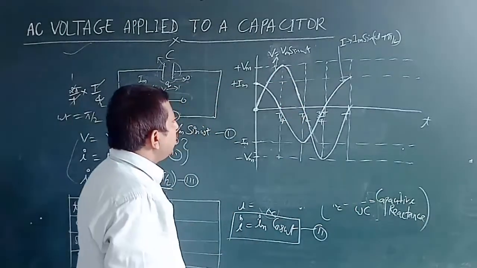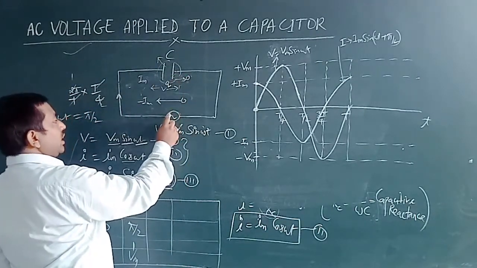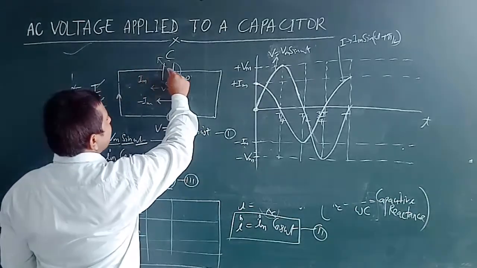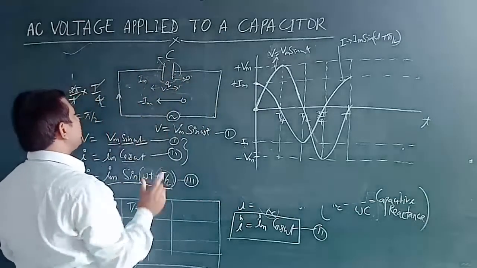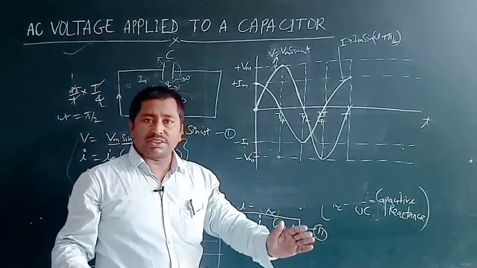So when the potential applied to the capacitor becomes 0, it means the potential across the capacitor increases, then decreases, then becomes 0. It means at that condition the capacitor is fully discharged.